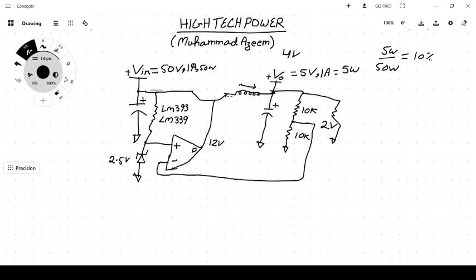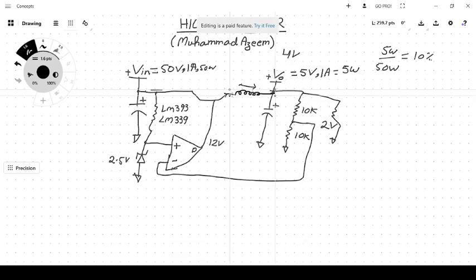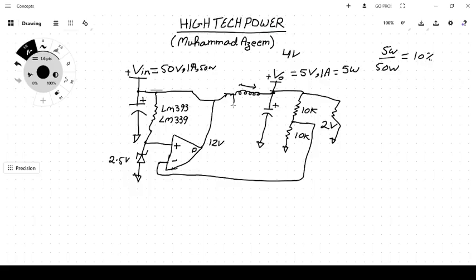To solve this problem, the people cleverly suggested inserting a high frequency diode in between the junction of the transistor and the inductor, and the other point of the diode is connected to the ground.